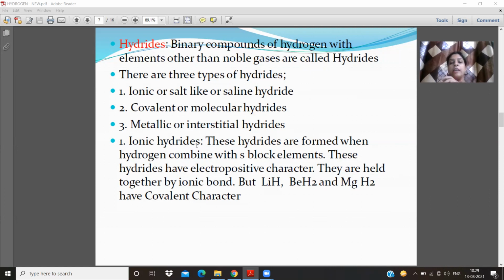ठीक है, S block के elements के साथ जब hydrogen combine करेगा, तो क्योंकि वो बहुत ज्यादा metallic nature के साथ combine कर रहा है, so that's why the hydrogen behaves as an electronegative character, whereas the metals behave as an electropositive character.